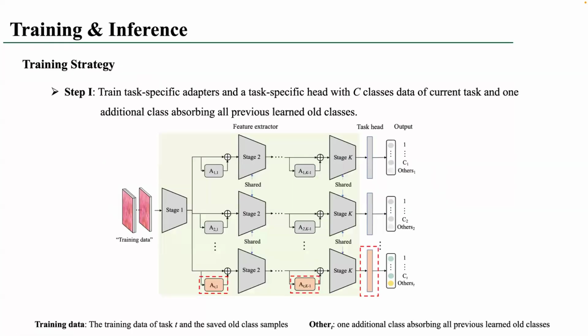Then, in the training phase, step 1, train adapters and the task head. Use current task data and stored all-class samples. We leverage OOD detection by treating all the old class samples as an others class, helping the adapter better distinguish current task classes from non-current classes.